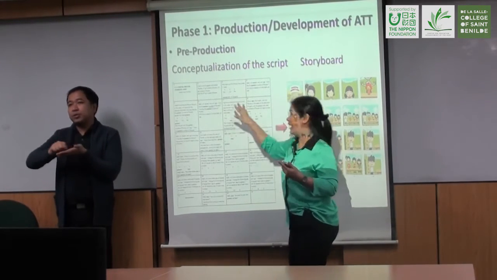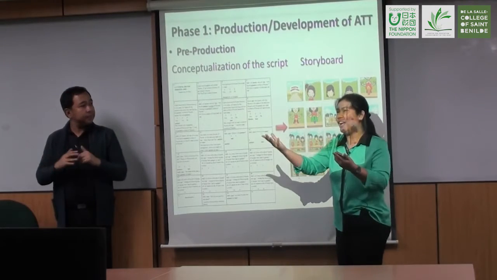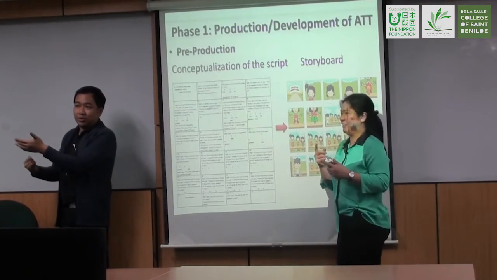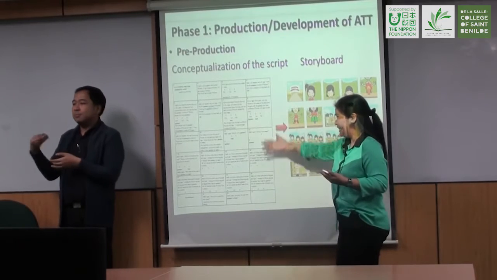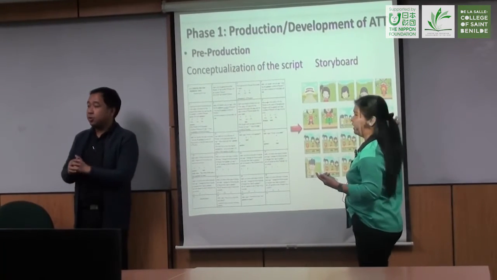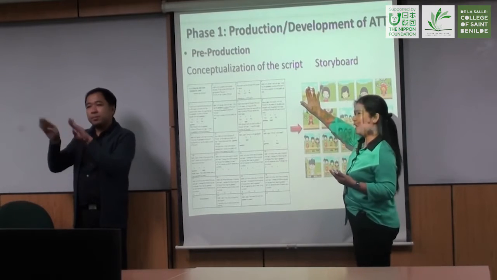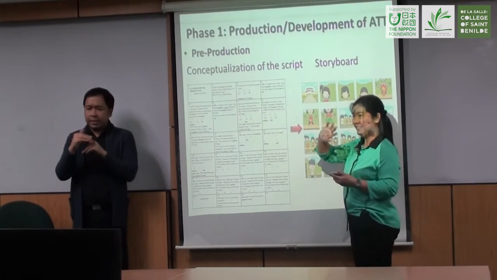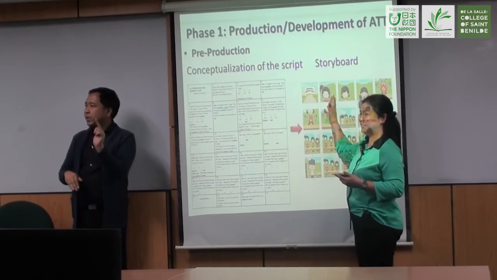Then I will give it to the animator. Of course, I have no right to do that part. That's only the script. So the animator does the storyboard. So for one frame, minimum, I think 20 drawings.